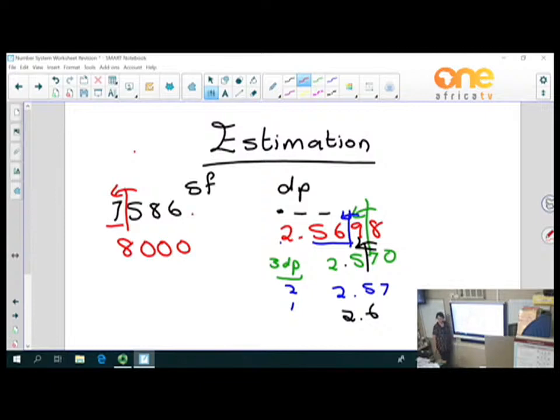It's not 8, it's 8,000, the answer. So if I look at 2 significant figures here, then yes, the 8 will influence it, so then it is 7600, keeping the place value. If I look there at 3 significant figures, it will be 7590, keeping the place value every time.